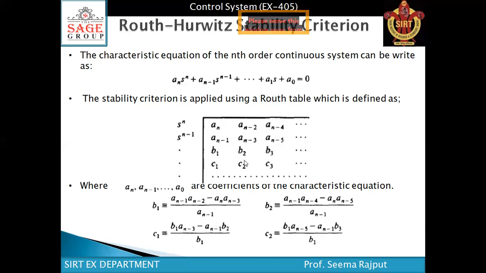And b1, b2, b3, we have to calculate in the next rows. Here a_(n-1) through a_0 are the coefficients of the characteristic equation.